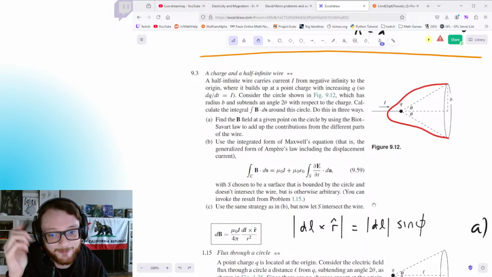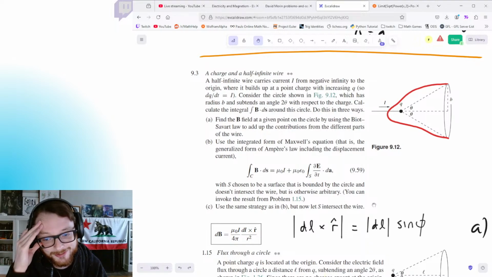Or dE/dt from the wire is 0. From the point charge, ideally it's still the same.